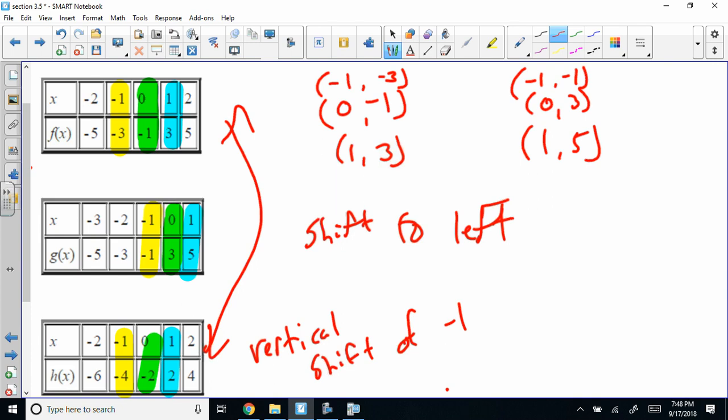All right, so let's look at g of x, right? Well, they have the same numbers, do they not? Look at your outputs, f of x and what? G of x. -5, -3, -1, 3, and 5, right? They're down there, correct? So let's look at what happened to our x's. So it was a shift to the what? I said left to begin with.